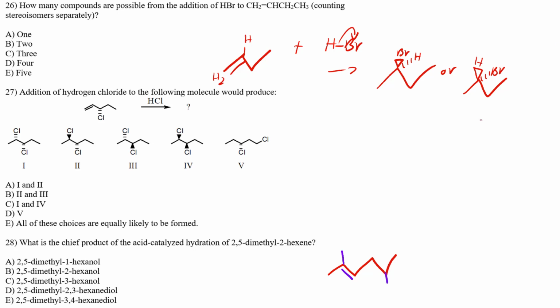Now we have to add our acid. Let's do a generic H3O. Well, what happens here, and I should write it in its molecular form, is that this bond breaks, this double bond picks up this hydrogen, and we're going to do a Markovnikov addition.